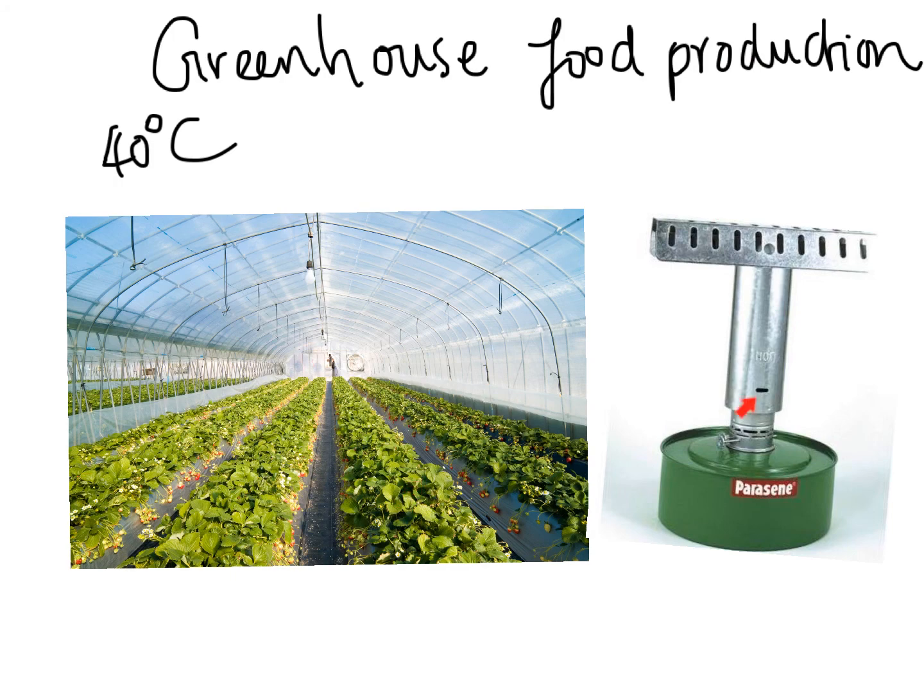After a while, plants can only use a certain amount of carbon dioxide, and also people have to work in here, so you can't have too high a level of carbon dioxide. So this can be switched off and on as required. Or in modern greenhouses, this is all controlled by computers to maximize the food production as well as the safety of people who work there.